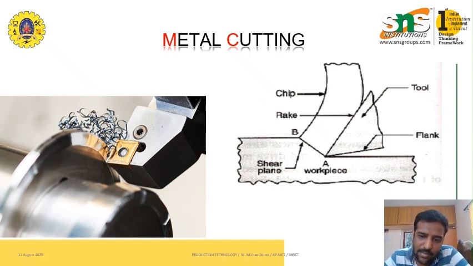When the tool obstructs, a shearing action is done, and we are creating a chip. Those chips are extruded or removed particles from the workpiece. These chips are removed from the workpiece as they may be unwanted or extra material present over the workpiece.